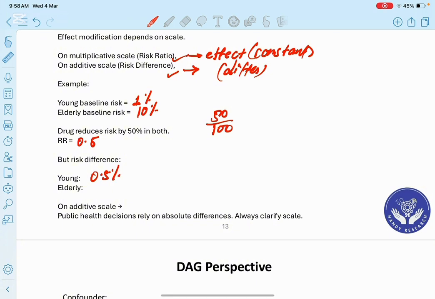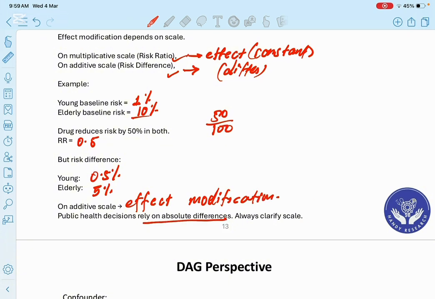And in elderly, what is 50% of 10%? That is a 5% reduction. So on the additive scale, effect modification exists. Public health decisions therefore rely on absolute difference. We have to always clarify the scale.